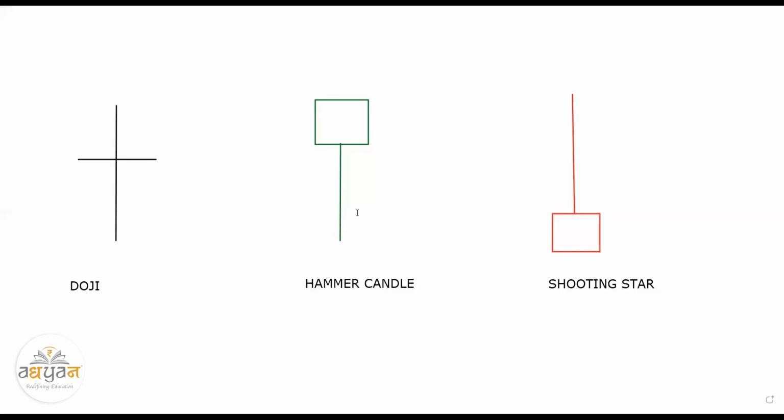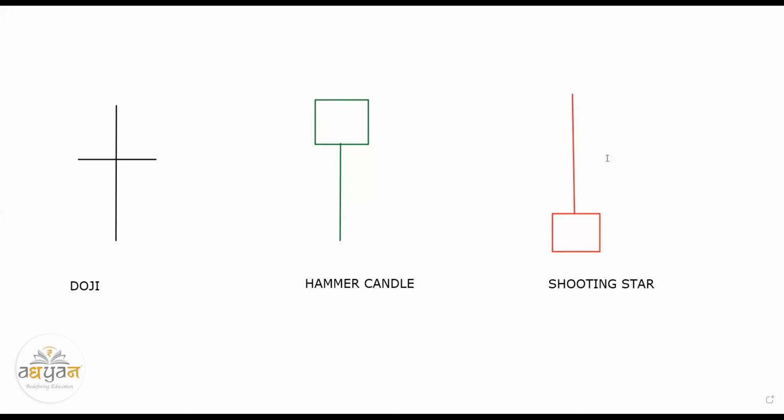This can give you a confirmation about an uptrend whenever you see this at a support level or a moving average. The third one is a shooting star, which is exactly opposite to the hammer candle. If this appears at a strong resistance, then we can confirm that the trend is going to be a downtrend.